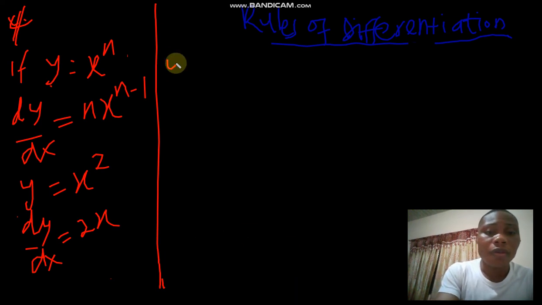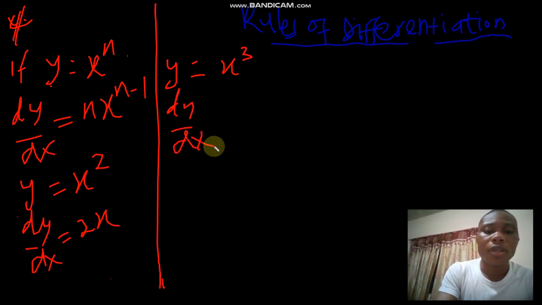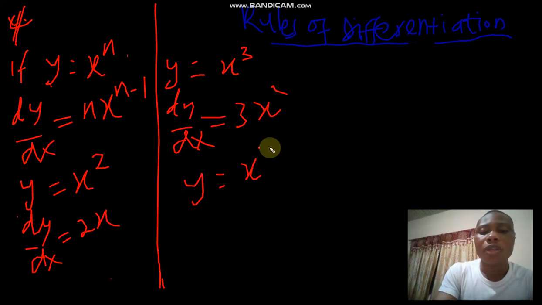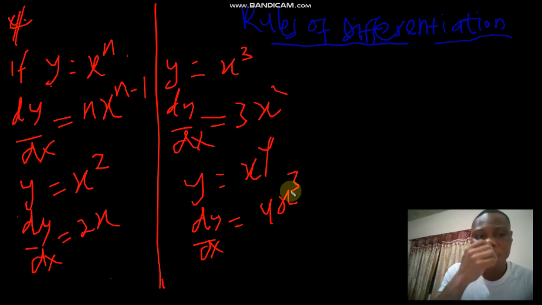If I have y equal to x cubed, then dy/dx will give me 3x squared. Then if I have y equal to x to the power 4, then dy/dx will give me 4x cubed, like that. So if you have a function in the form x to the power n, that's how it will go.